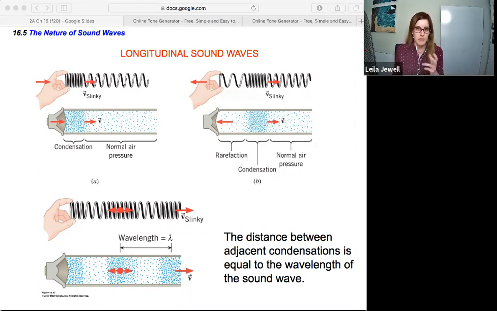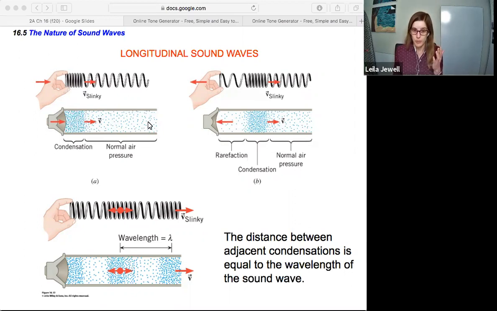So to help us visualize the longitudinal sound wave, we could go back to our slinky, right? Remember that we saw longitudinal waves with a slinky, compressing it or stretching it. It's the same thing with sound waves. Here we have a little speaker diaphragm, and as it moves outward, it compresses the air molecules right in front of it.